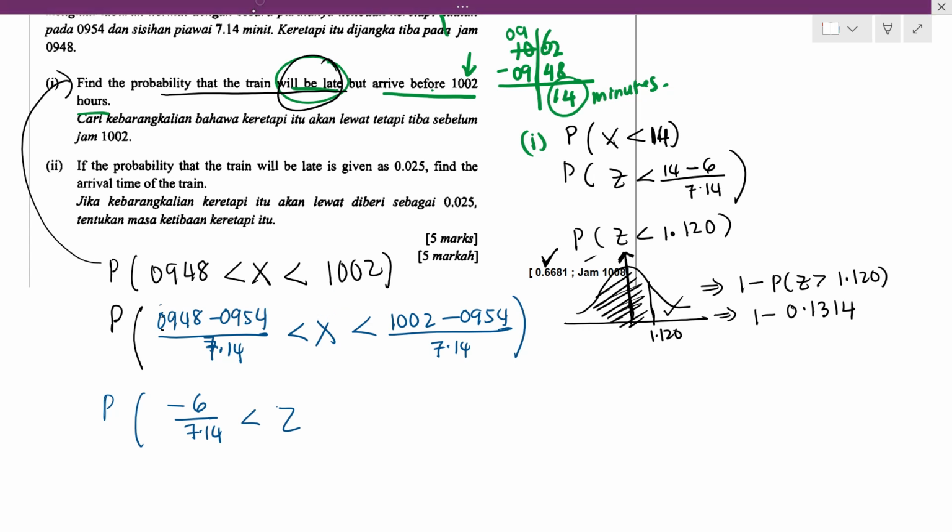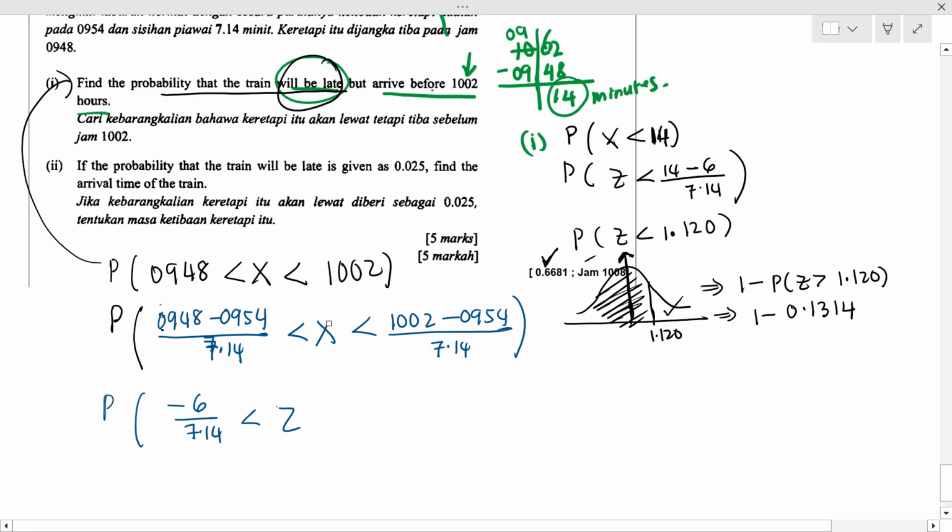I mean, sorry, here it should be Z. Here should be Z. Okay, and then sorry, 10:02 to 9:54 is 14 minutes, right? We calculated earlier.